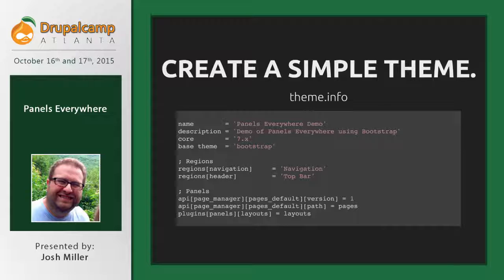So to create a simple theme, this is a base theme based on Bootstrap. This is everything that normally comes out of theme.info, except I've added one thing down at the very bottom here, where I'm telling Panels what kind of page manager version I'm using, and I'm giving it 2 paths. I'm giving it the path to the page's default, and I'm giving it the path to the layouts.